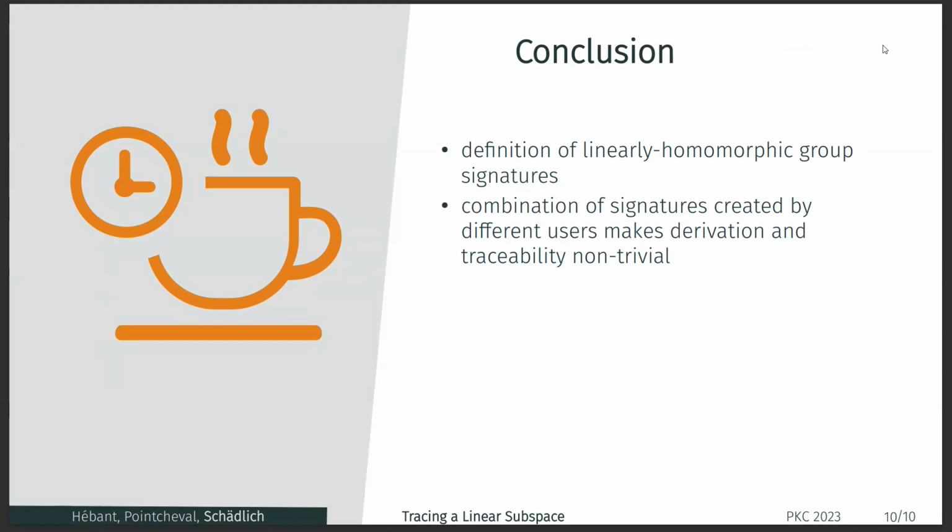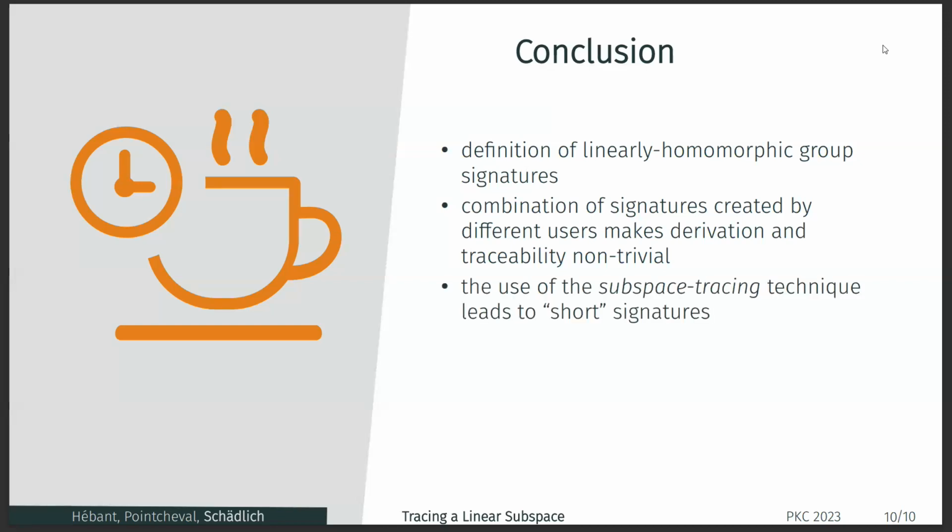It is also a difficulty for anonymity, but we can solve this by using ElGamal, and by adding encryptions of 0, we can re-randomize the whole thing. So the real challenges are derivation and traceability, and using our subspace tracing technique, we are able to get somewhat short signatures.